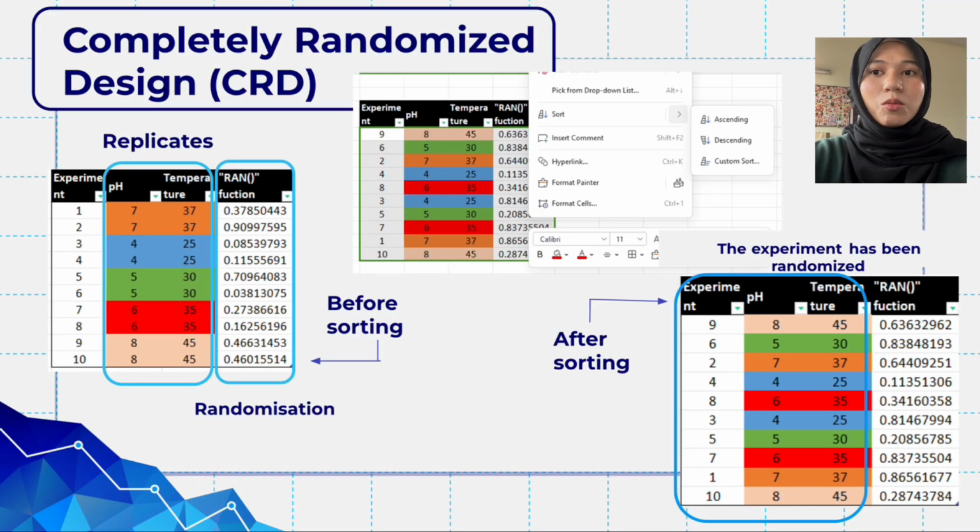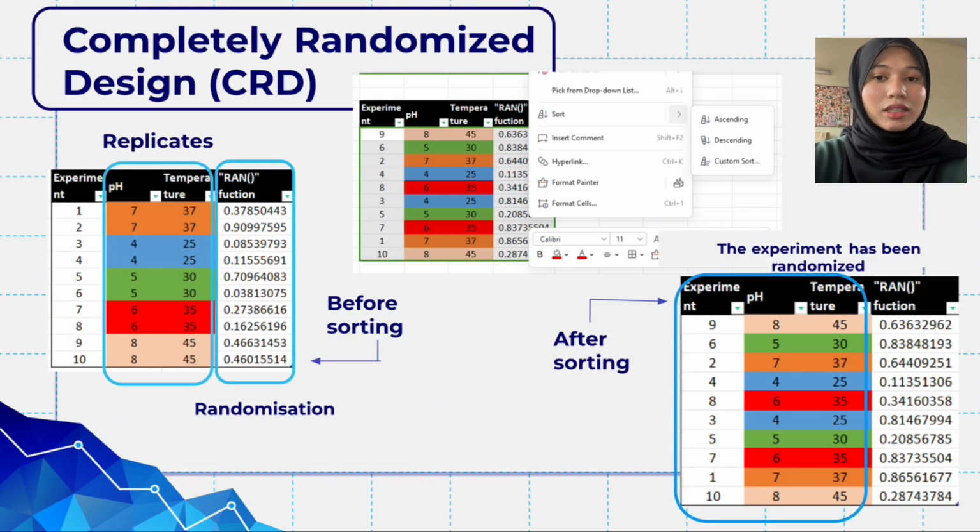To construct a completely randomized design, the first step is to identify the levels involved for each factor. The levels involved for the factor pH are pH 4, 5, 6, 7, and 8, and each level consists of 2 replicates.